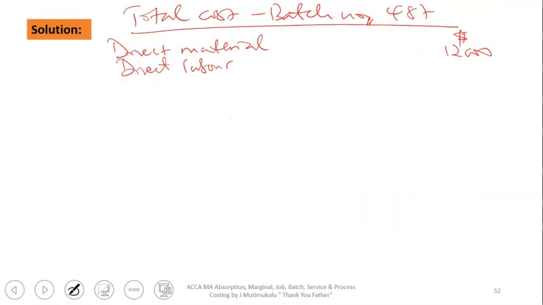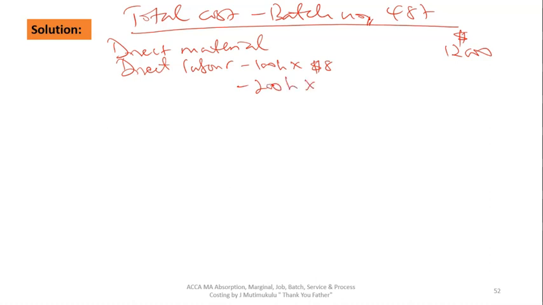So let us take down that information. That's 100 hours at $8, and then 200 hours at $9. So let us slot in these figures. We can have 800 here and 1,800 there. All right, we add them up, we get our 2,600.